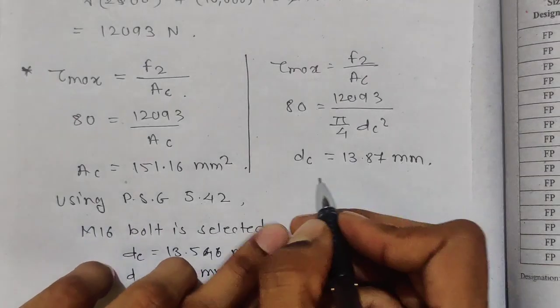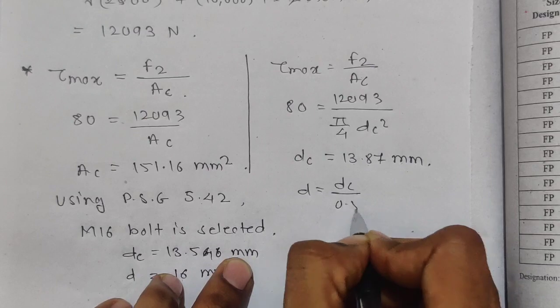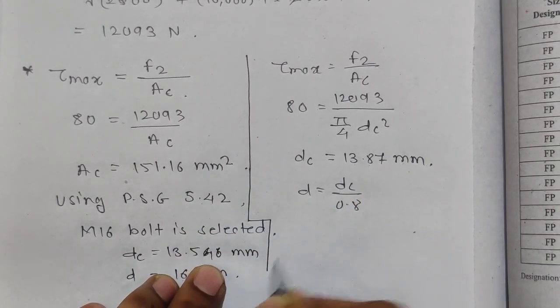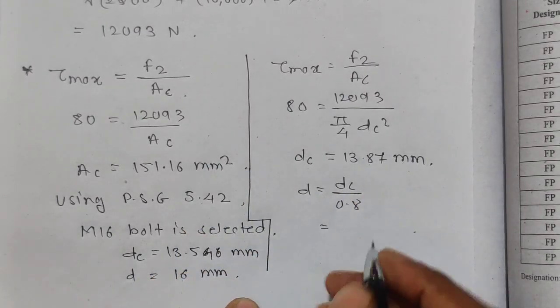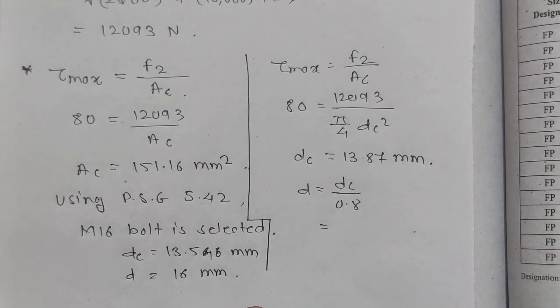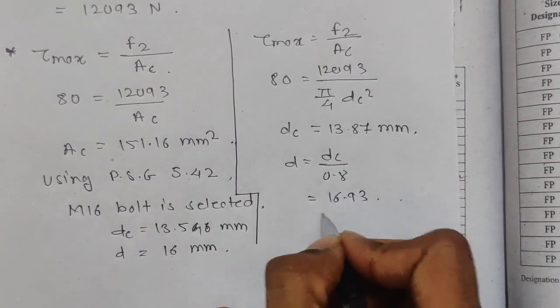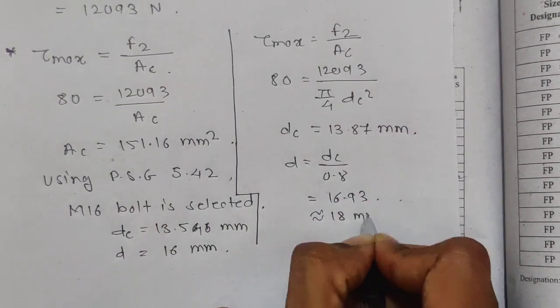Okay, so now how to find D? So D is DC upon 0.8. This is an empirical relation. So you will get 16.93, so you can say 17 mm.